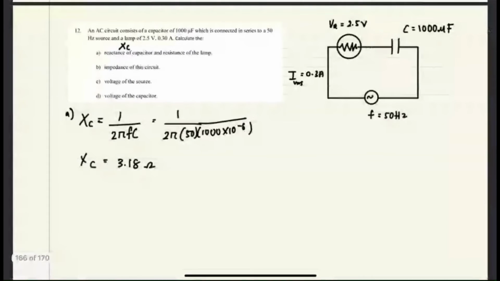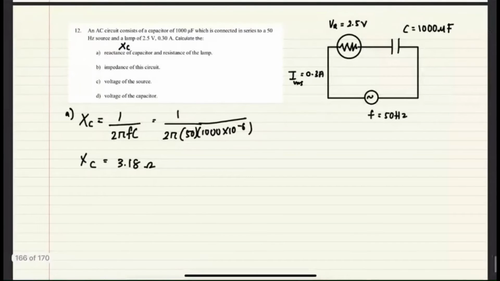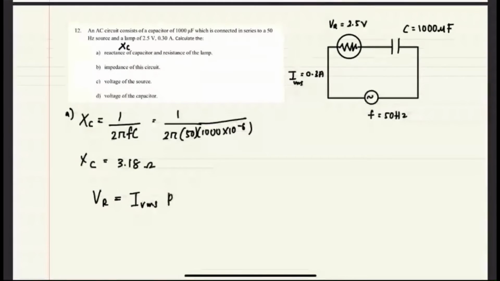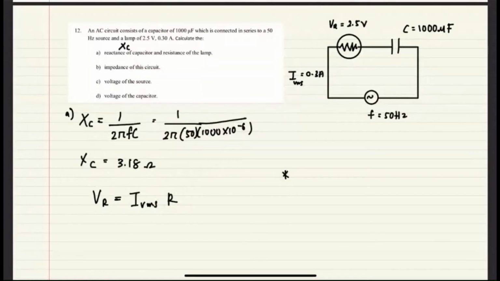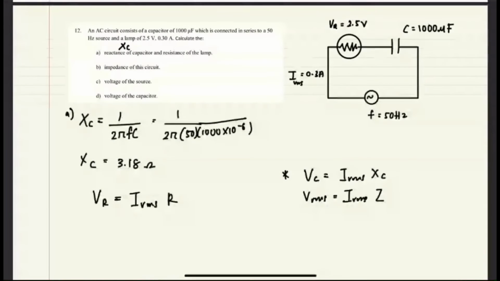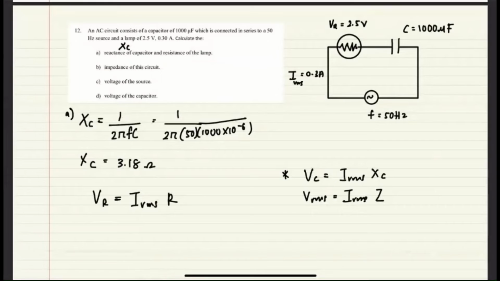Then they want to find the resistance of the lamp. To find resistance, you have VR there. So I can write VR equals IRMS times R, since the current is always the same. Side note: if I want to use VC, I can use IRMS XC. If I want VRMS, I need IRMS times Z. Across the resistor, the partner is IR. Across the capacitor, the partner is IXC. For VRMS, which is the source, it needs Z. Very good. What do they want?